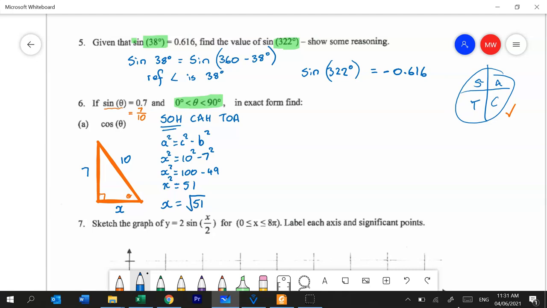Now, we're not being asked to find what sine theta is. We're being asked to give an exact value for what cos theta is. And cos here is the adjacent over the hypotenuse. So the exact answer to this is root 51 over 10.